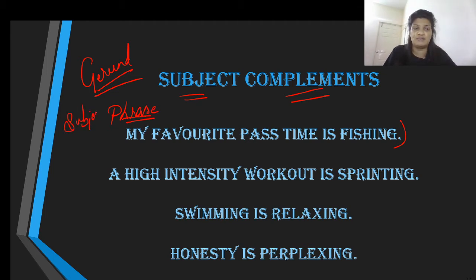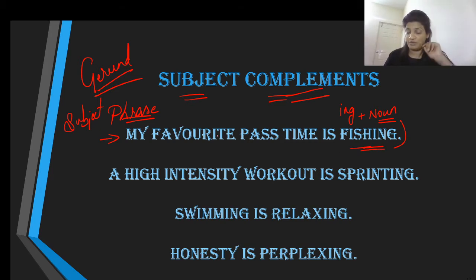It is your subject phrase. And we have a word over here that is completing the statement, which is fishing. And which form is it? It is in ing form, right? But it is functioning here like a noun. How is that? You can see. My favorite pastime is fishing.